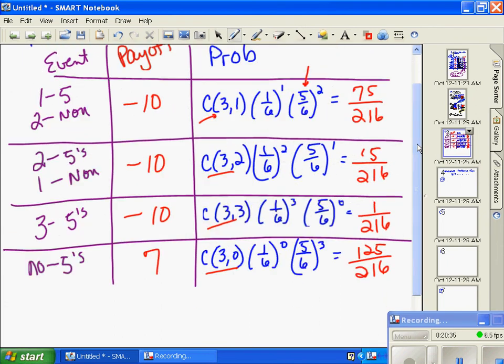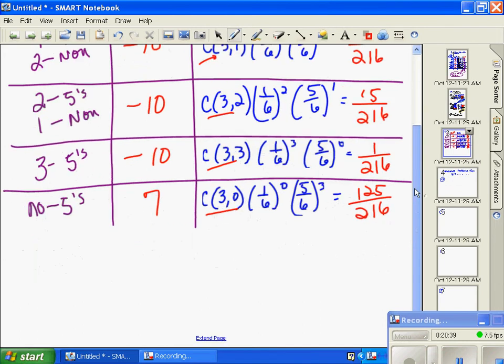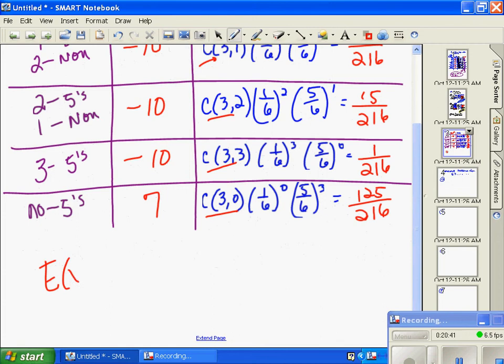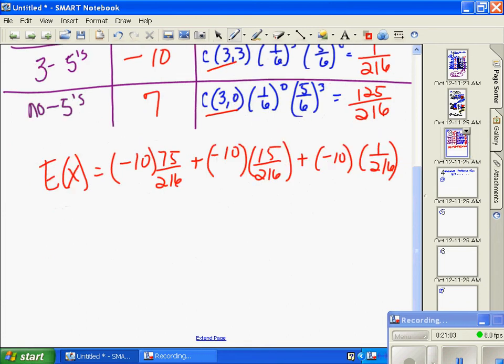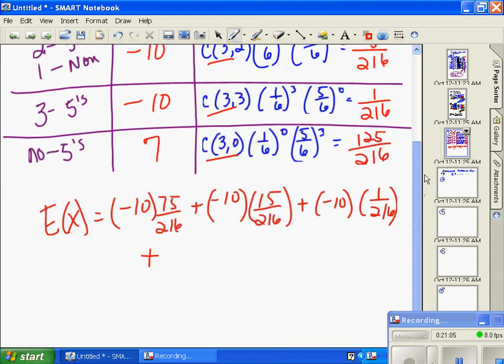I don't have room to put another column for my product, so I'm going to just do it down here. My expected value is going to be taking negative 10 times 75 over 216, plus negative 10 times 15 over 216, plus a negative 10 times 1 over 216, plus, where am I at?